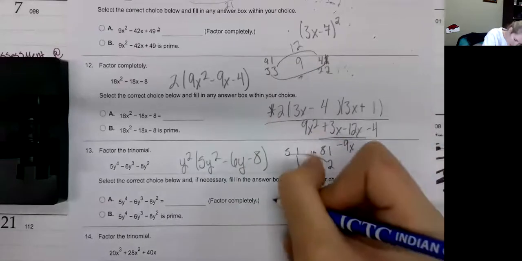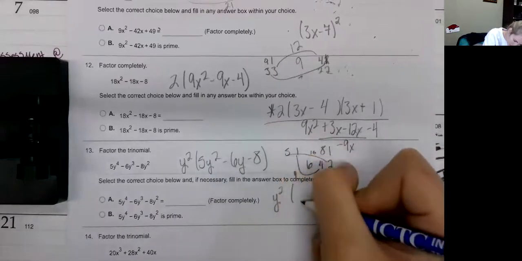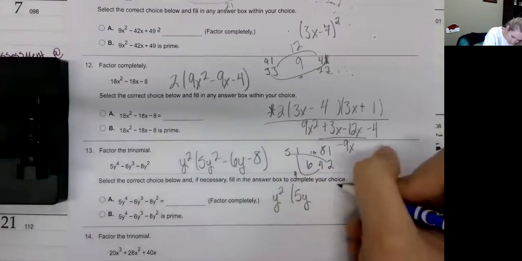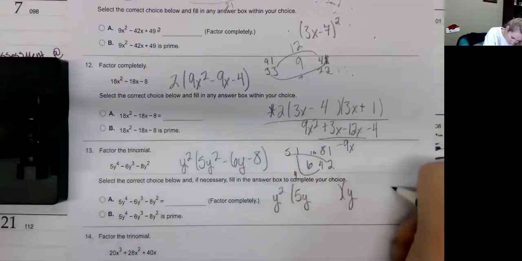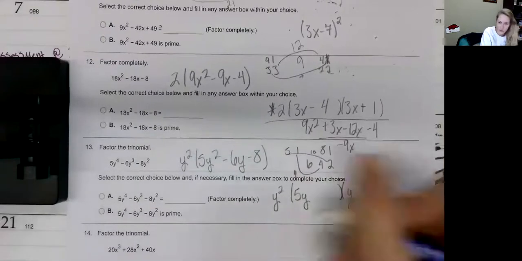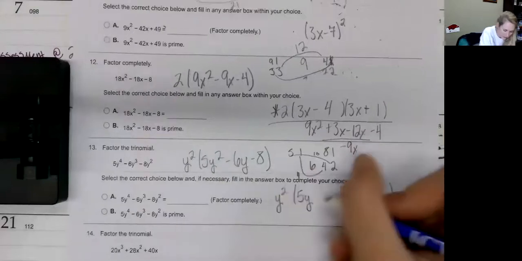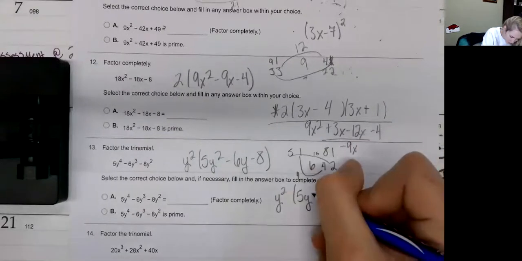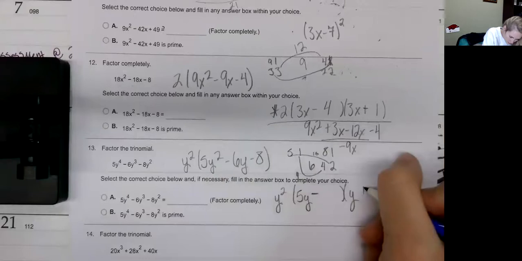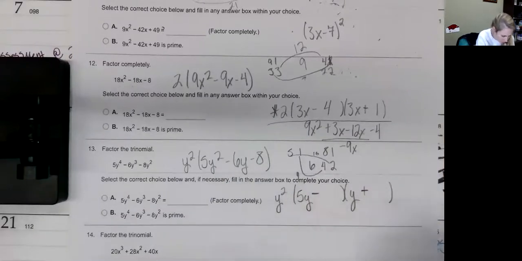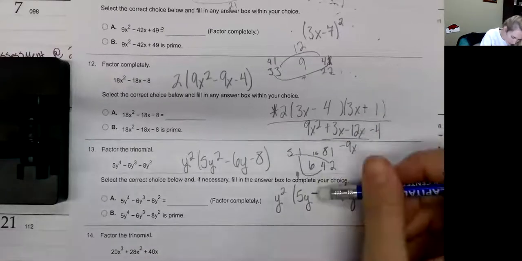Okay. So I'm going to have my y squared. I'm going to break up. I have 5y here and normal y here. Because 5y times y is 5y squared. Now then, they have different signs. I may not be able to split them up anymore because these aren't the same.